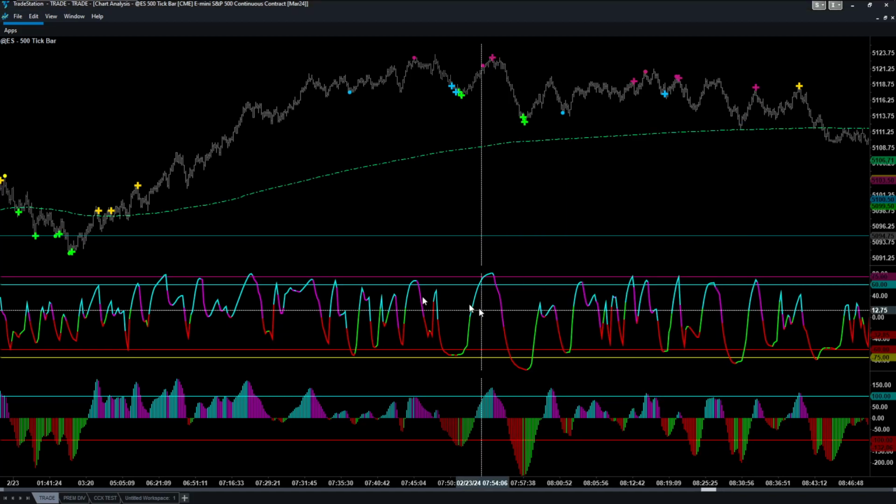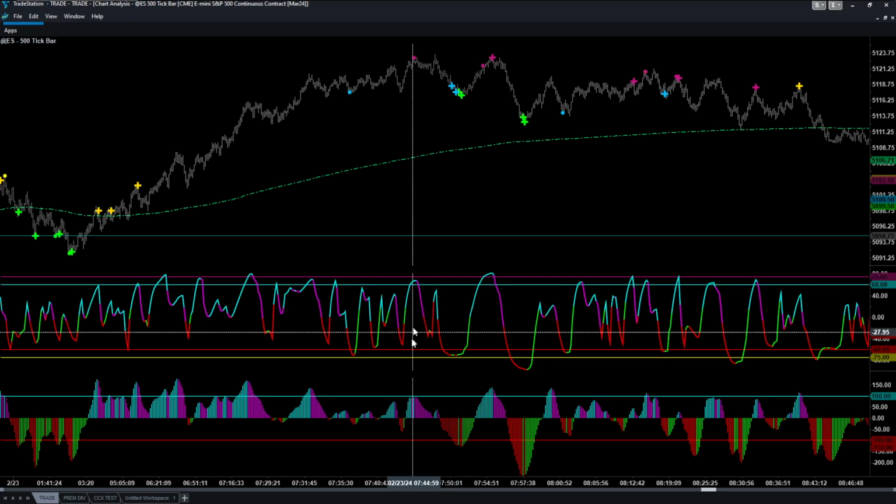So whenever the indicator moves above the threshold of 60 or negative 60, that's the cyan colored horizontal line here, or the red down here, we've met our condition. We've breached.